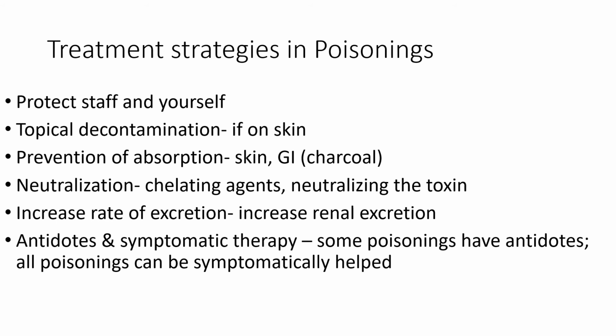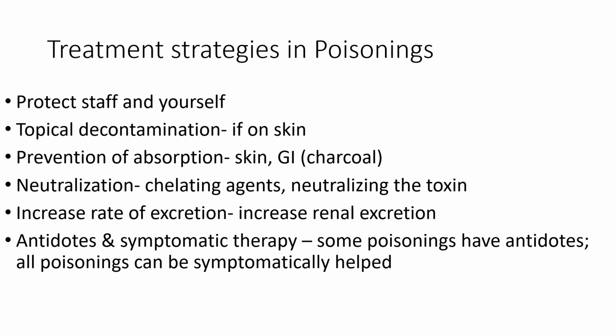Then there's, well, it's in the bloodstream. Let's see if we can increase the excretion rate. So often that involves increasing IV fluids. Some poisonings are excreted much better in a higher pH surrounding or serum pH. So sometimes we'll give bicarbonate to make the serum and the urine more basic so that the drug or the poisoning can be excreted.